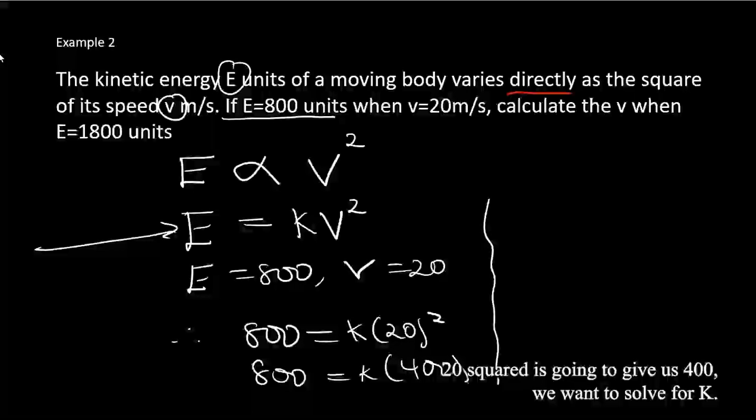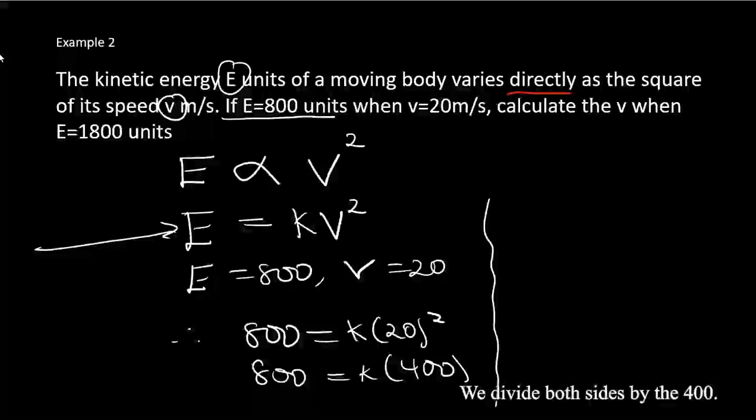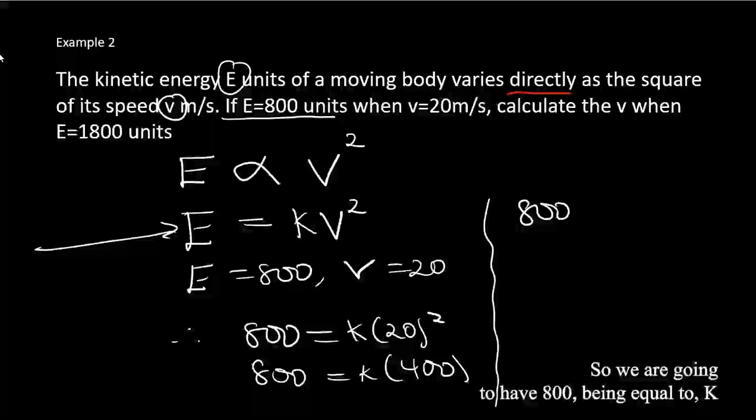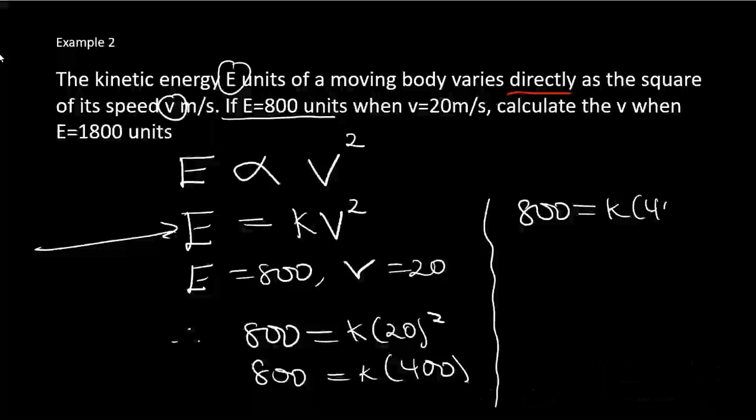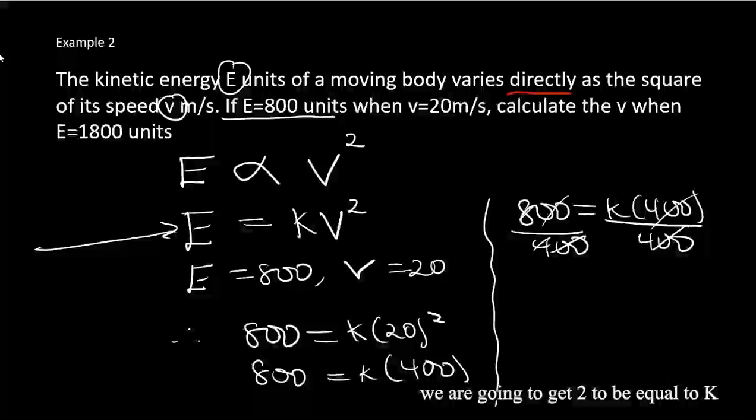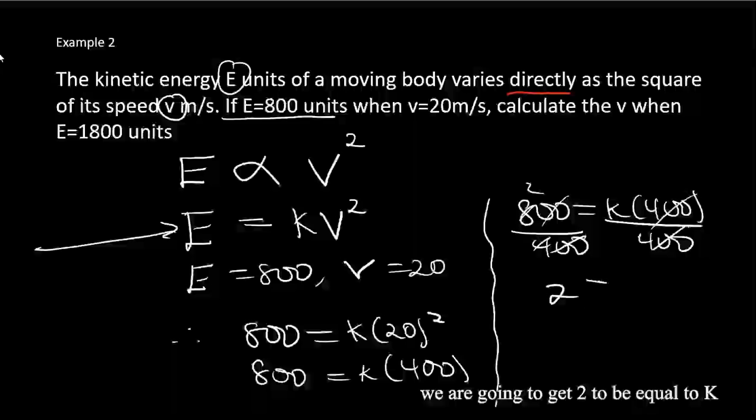We want to solve for K, so we divide both sides by 400: 800 over 400 equals K times 400 over 400. Now we get 2 equal to K.